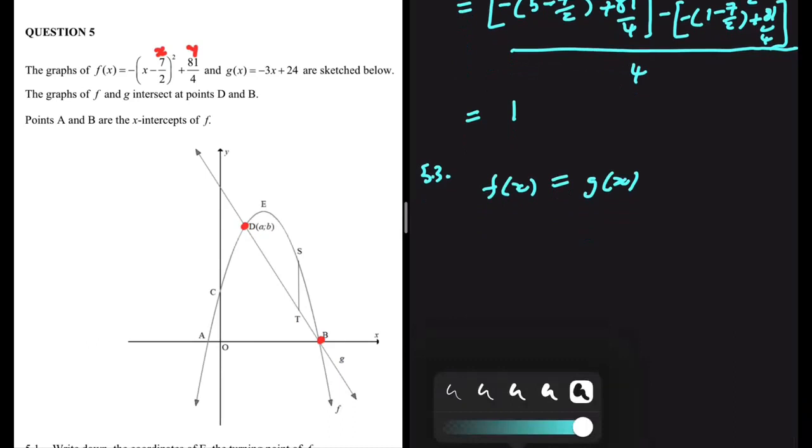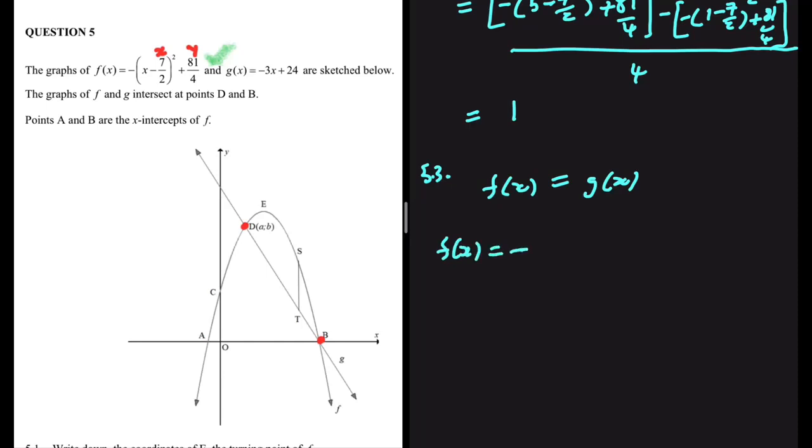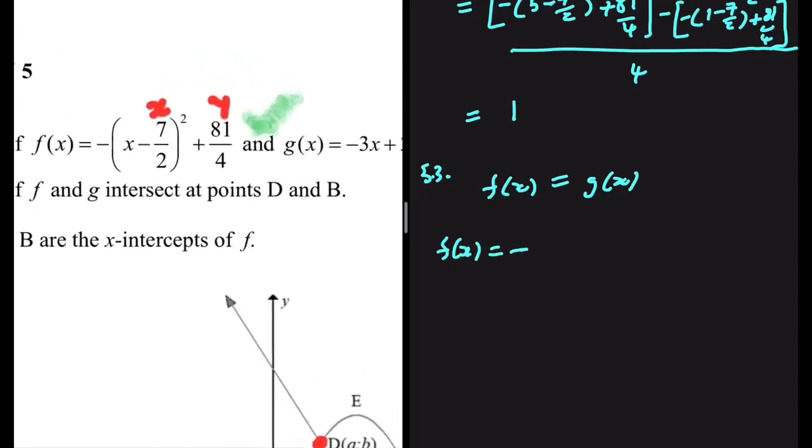What is f of x? f of x is in this format. Let's write it in our standard format first. So f of x is equal to minus, what is x minus 7 divided by 2 squared? x multiplied by x is x squared. x multiplied by minus 7 divided by 2x is minus 7 divided by 2x.